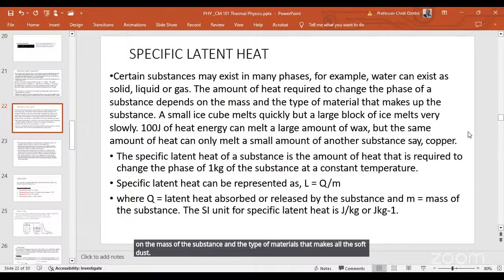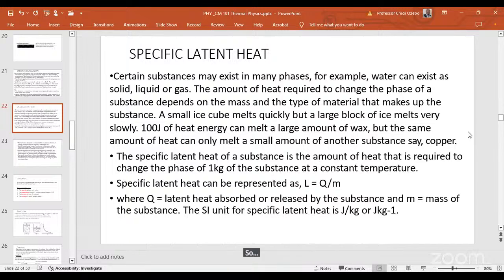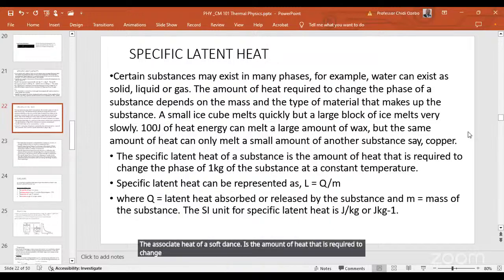So this leads us now to specific latent heat. The specific latent heat of a substance is the amount of heat that is required to change the phase of 1 kilogram of the substance at a constant temperature. That's without change in temperature.